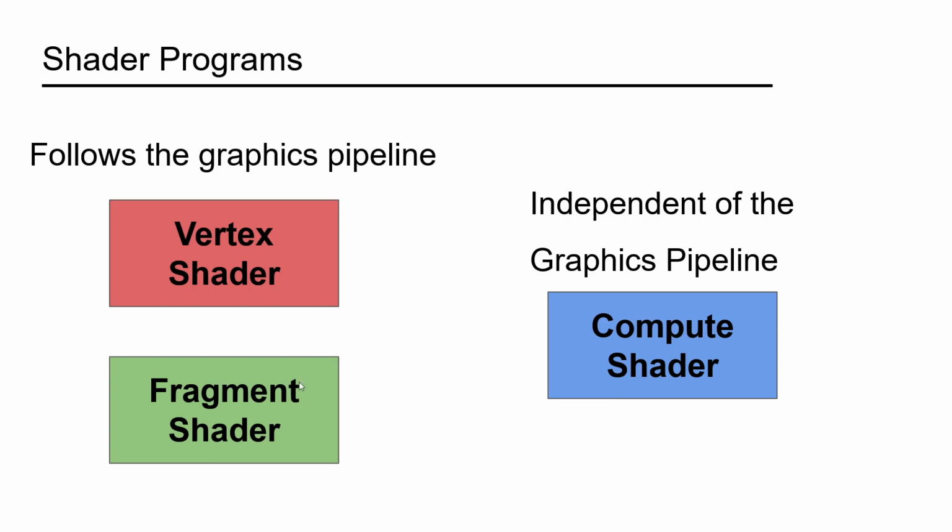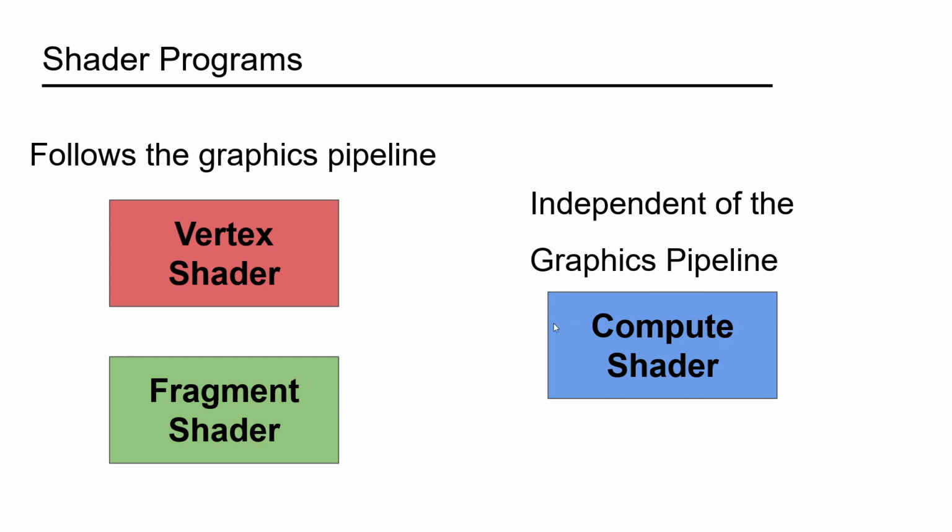In general, there are 3 different types of shader programs: the vertex shader, fragment shader, and compute shader. The vertex and fragment shaders correspond to their respective stages in the rendering pipeline. The vertex shader programs the behavior during the vertex stage, and similarly, the fragment shader programs the behavior during the pixel/fragment stage. These are linked with the graphics pipeline. But the compute shader is independent.